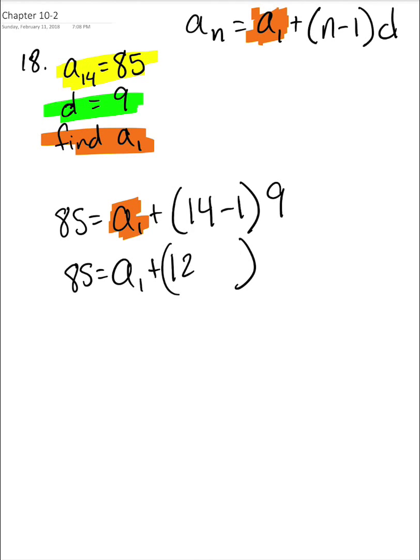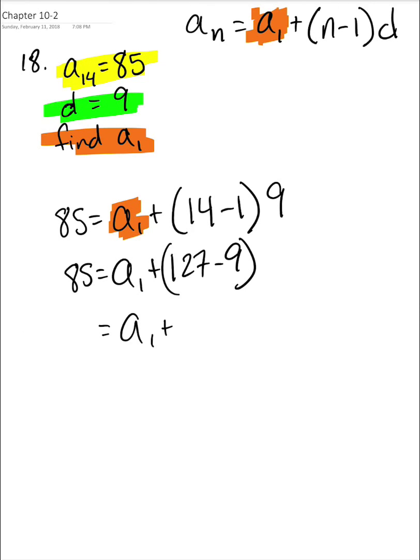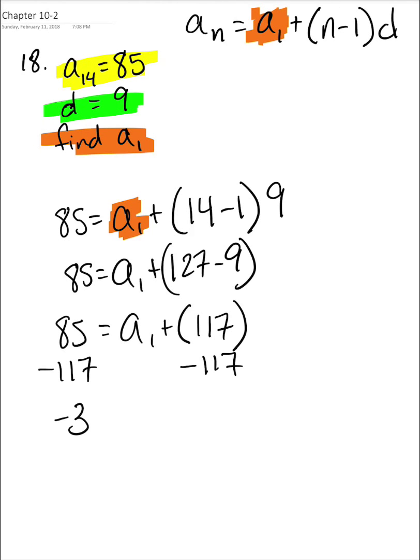No, 127 minus 9. And then that'll give me a sub 1 plus 117. I don't need that parentheses. That's okay. So minus 117 from both sides. That gives me negative 32 equals my first term.